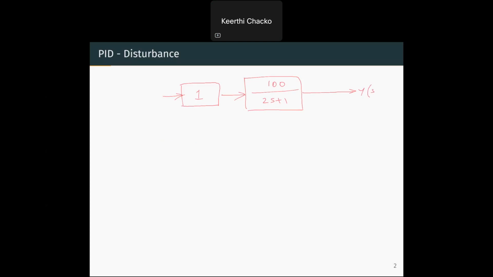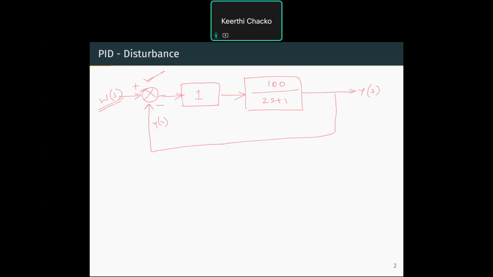So this is our output and we are giving a feedback. So this is the input, W(s) is the input, which is given to a comparator, and this takes the difference between the input and the output.